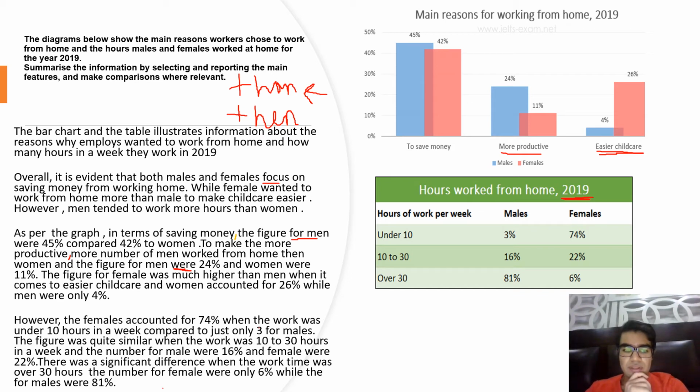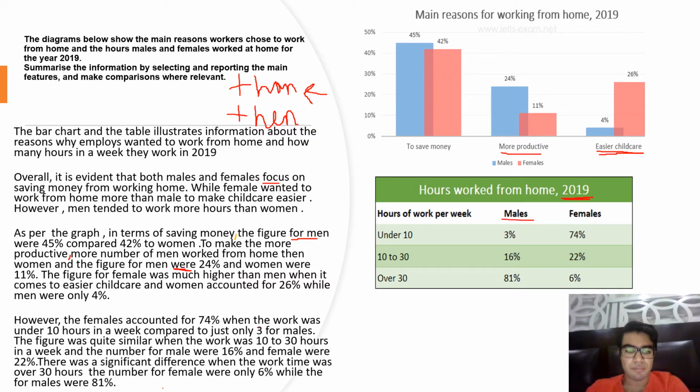The figure was quite similar when the work was 10 to 30 hours in a week, and the number for male were, see, again, above you said males, now you're saying male. Above you used the correct form, which is plural, now you're using singular form. Keep it consistent. If you're using males, then keep using males, and you should use males because it's plural.